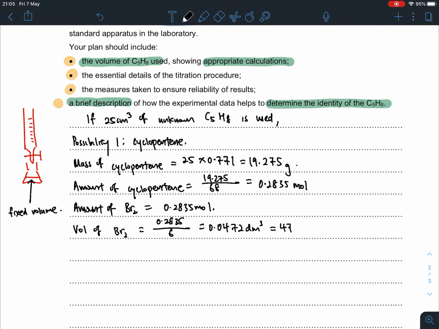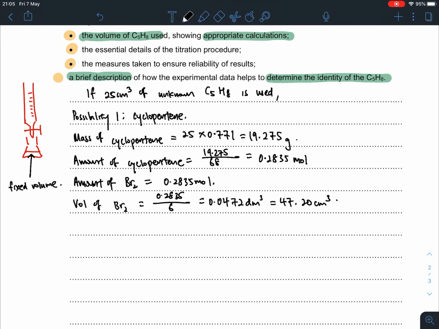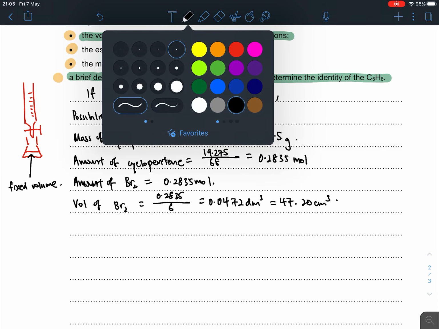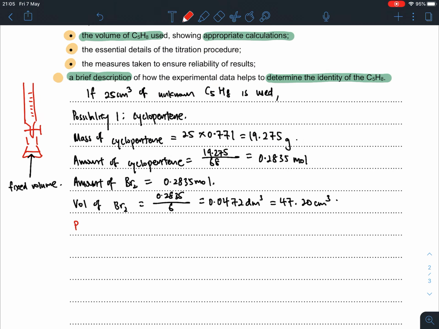That works out to be 47.20 cm cube. Okay, this endpoint is pretty high, but kind of still acceptable because it's still within the capacity of the burette. But what you would realize is that the one that violated the calculation in terms of the capacity is if it were to be piperylene.